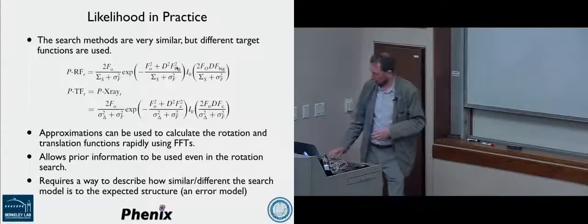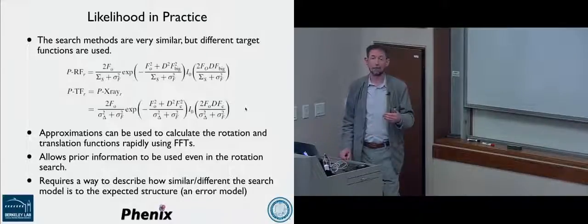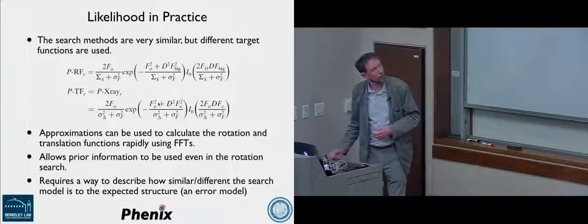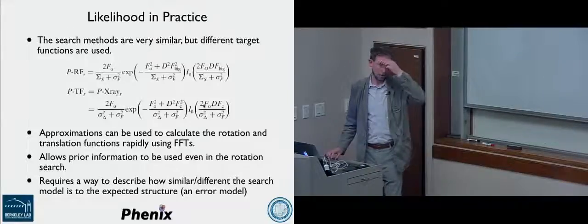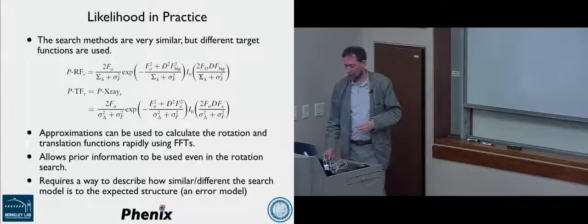And it turns out that the translation function score here is the same as the likelihood functions we use in structure refinement. So if you use Phenix refine for refinement, or you use RefMac, this is essentially the form that their target functions take. It's this kind of likelihood function. Now, having said that, these are the exact likelihood functions that one would want to use.